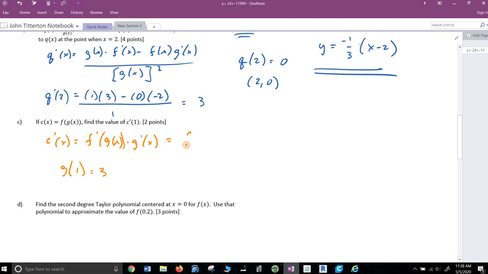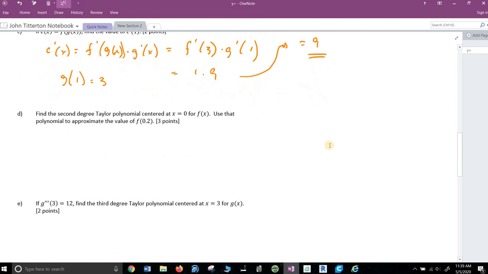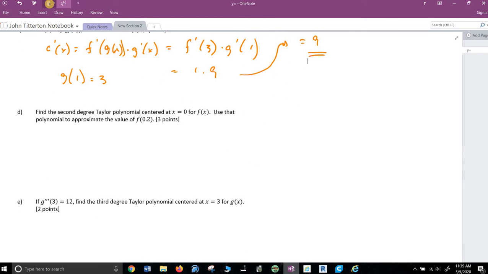So this becomes f prime of 3 times g prime of 1, which is 1 times 9. They didn't ask for anything flashy, so didn't have to put it in a point slope form, didn't have to jump off a bridge with it, all that sort of stuff.